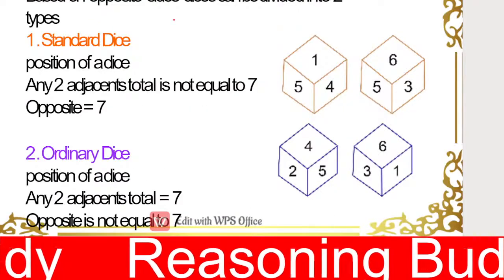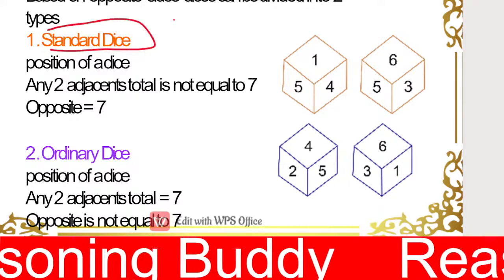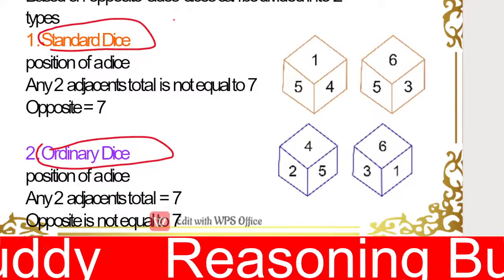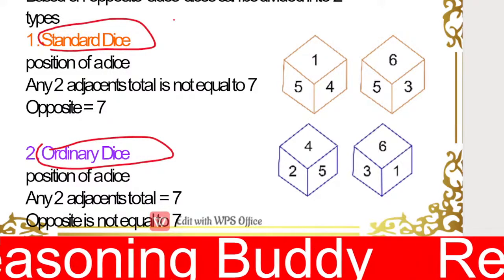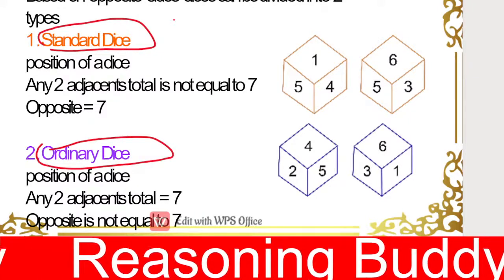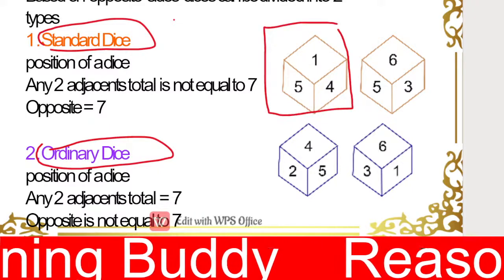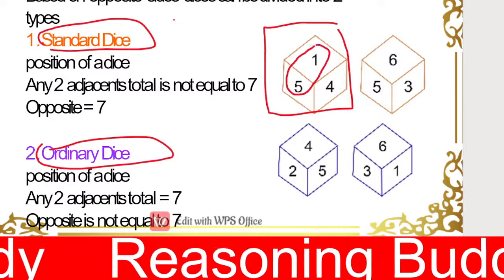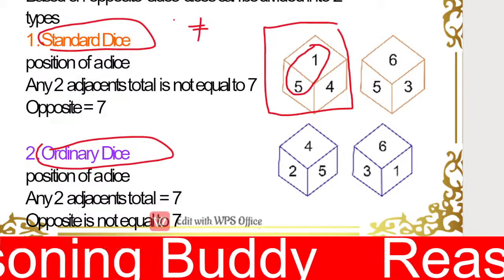In closed dice there are two kinds, the standard die and the ordinary die. What is a standard die? For example, you take this die. If you add two adjacent surfaces, the sum should not be equal to 7.